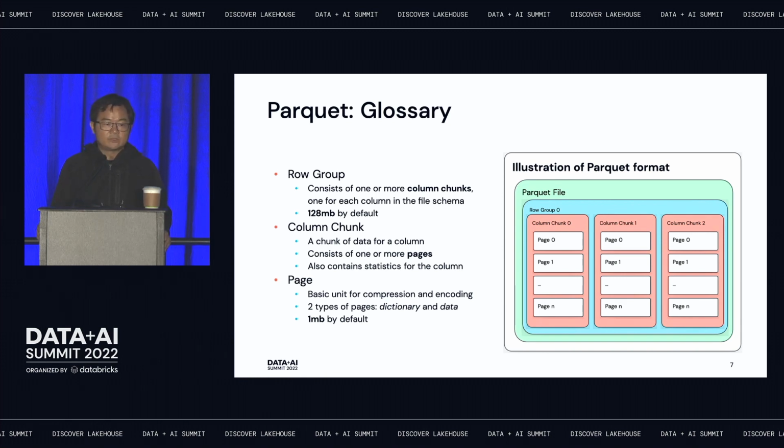For instance, if your data has a limited number of unique values, then Parquet can use dictionary encoding to dramatically shrink the data size. A page is 1 MB by default, which, compared to a row group, is much, much smaller.